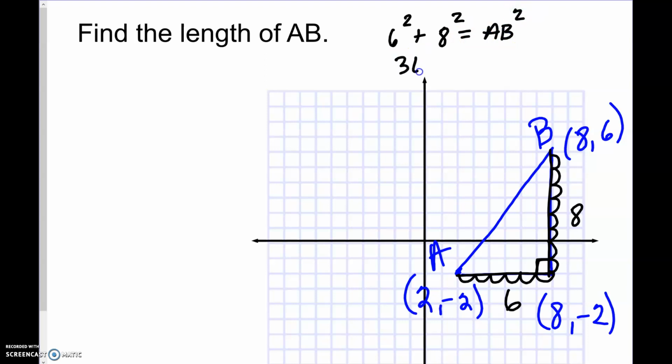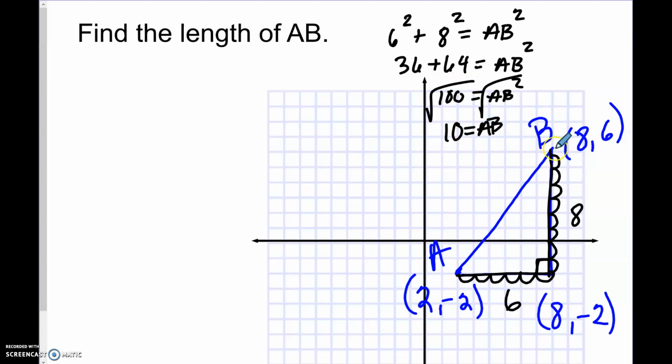So I have 36 plus 64 equals AB squared, so 100 equals AB squared. The opposite of squaring, remember, is to take the square root of both sides. So I get 10. The length of the blue side from point A to point B is 10.